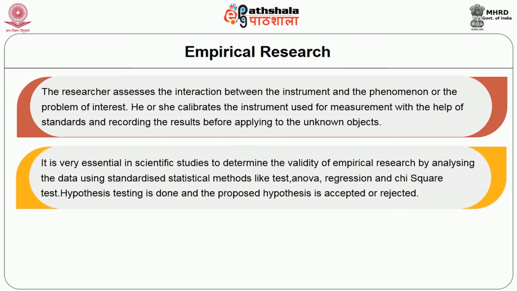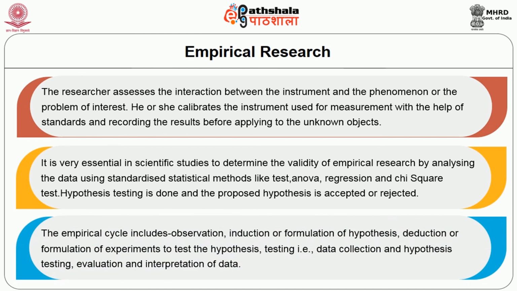It is very essential in scientific studies to determine the validity of empirical research by analyzing the data using standardized statistical methods like t-test, ANOVA, regression, and chi-square test. Hypothesis testing is done and the proposed hypothesis is accepted or rejected.